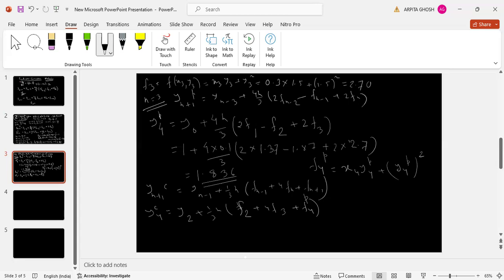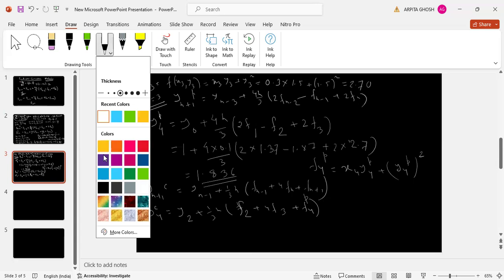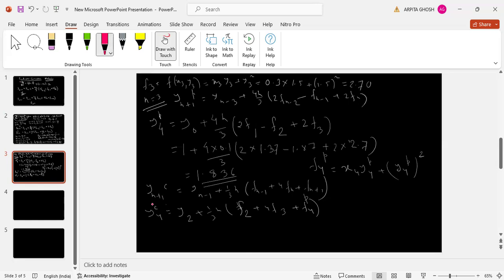The corrector formula is what? This is the corrector formula: yn plus 1 corrected equal to yn minus 1 plus 1/3 into h into f of n minus 1 plus 4fn plus fn plus 1.